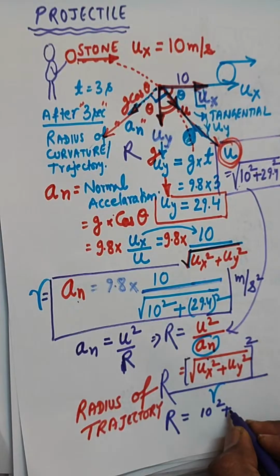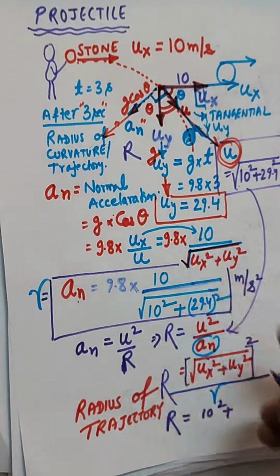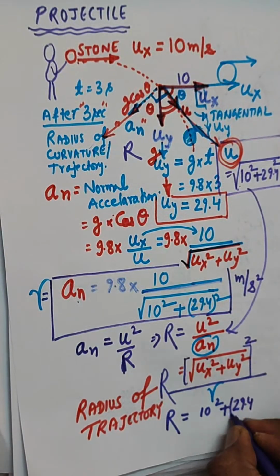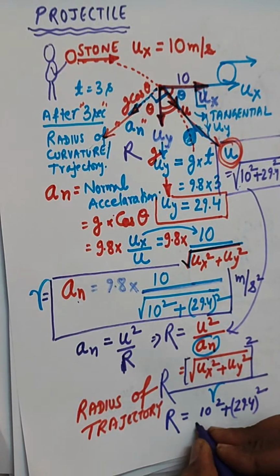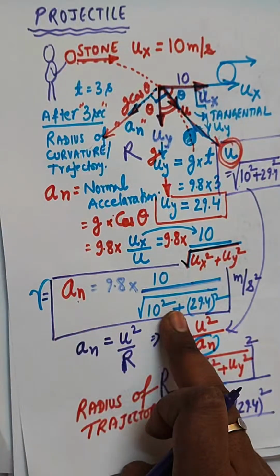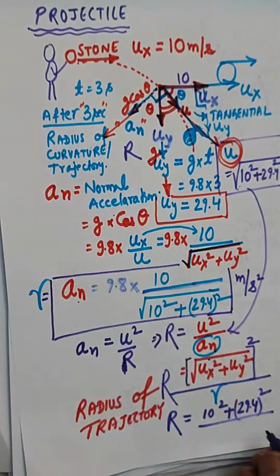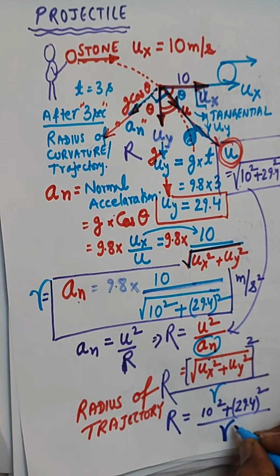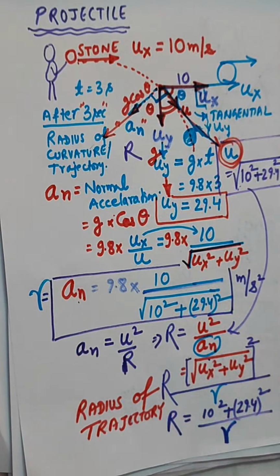So 10 square plus 29.4 whole square. Just solve it, you get the numerator divided by the normal acceleration value, put it over here, and you get the radius of the trajectory, my dear friends. It is coming around 300 meter. You can just solve it and get your answer.